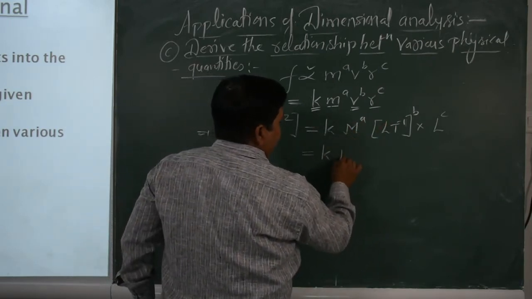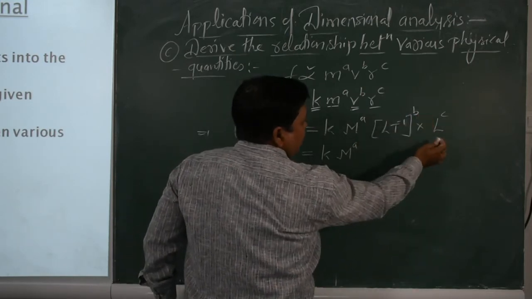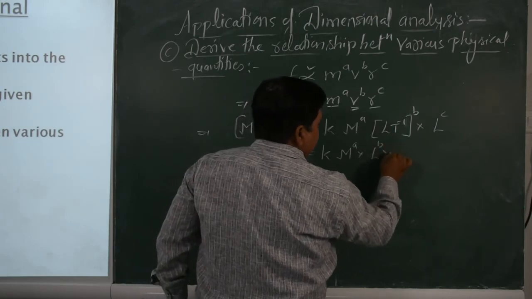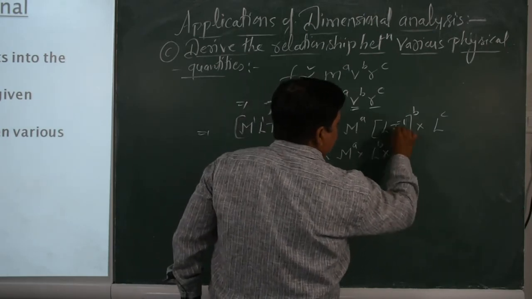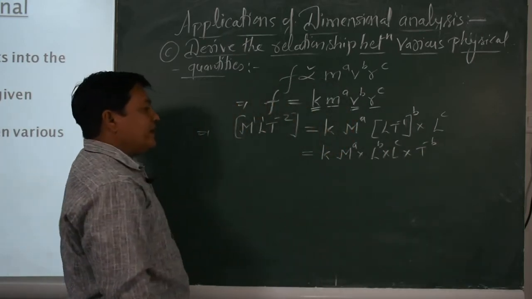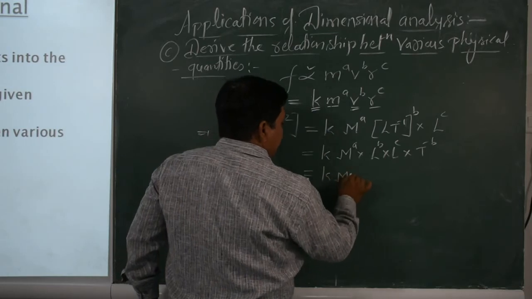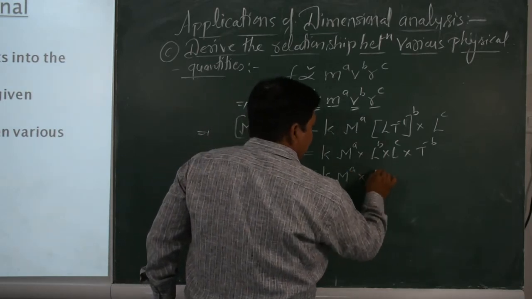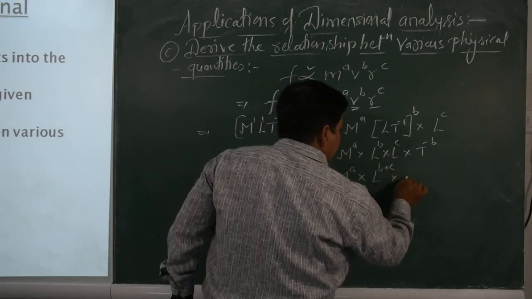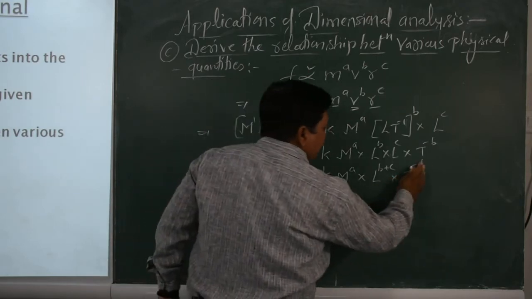Constant M to the power a, L to the power b and L to the power c. So, L to the power b into L to the power c into T to the power minus b. Okay. We will get this constant k M to the power a into L to the power b plus c into T to the power minus b here. Okay, this is minus b.